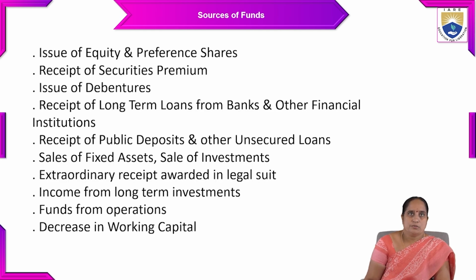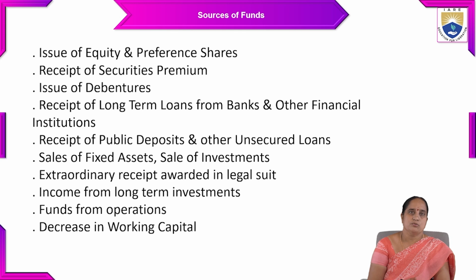Then coming to the sources of funds, by issuing equity and preference shares among the general public, the company raises funds, and by paying some kind of premium amount on securities trading, which is known as receipt of securities premium.